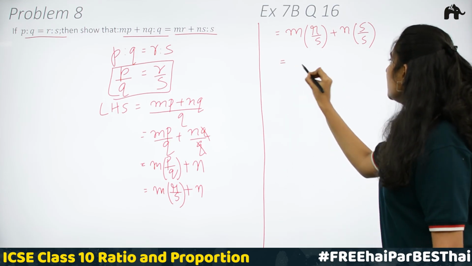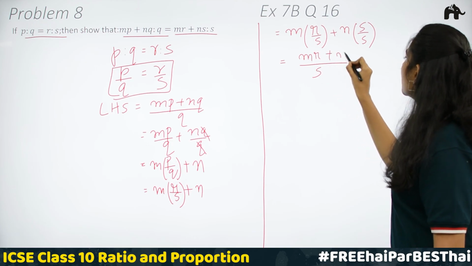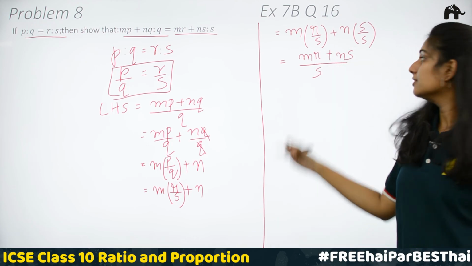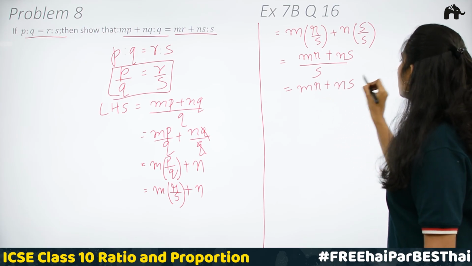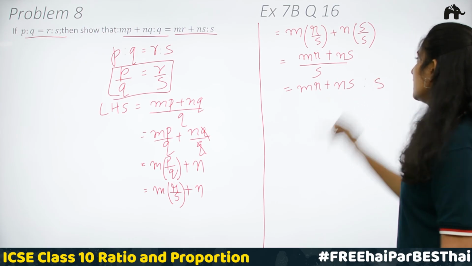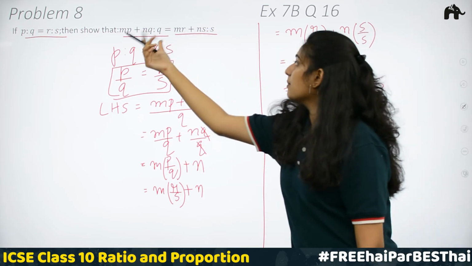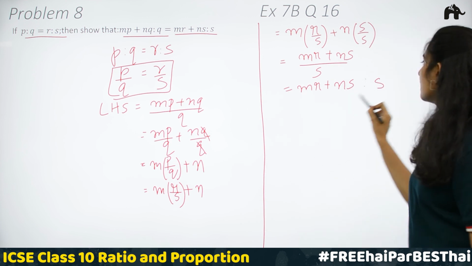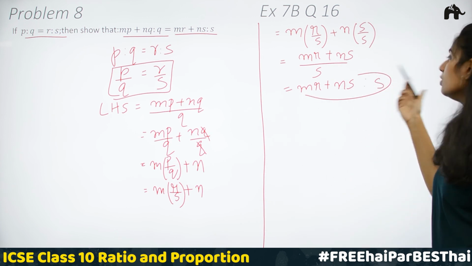Denominator, we have S. Numerator, MR plus NS, which is equal to MR plus NS is to S, which is the RHS. We got from LHS, RHS as MR plus NS is to S.